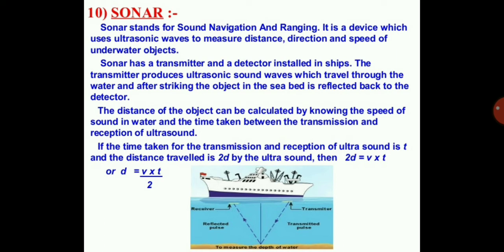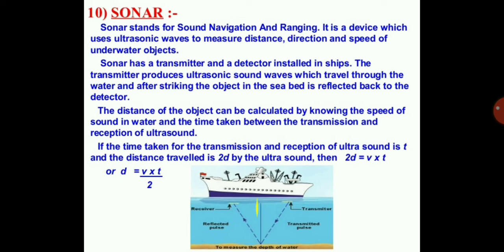So the big rock, the big glacier which was going to strike the Titanic, how was it detected? It was detected with the help of sonar. The sonar waves, that is the ultrasonic waves, travel to the bottom.